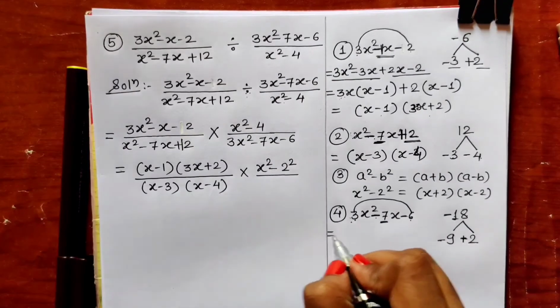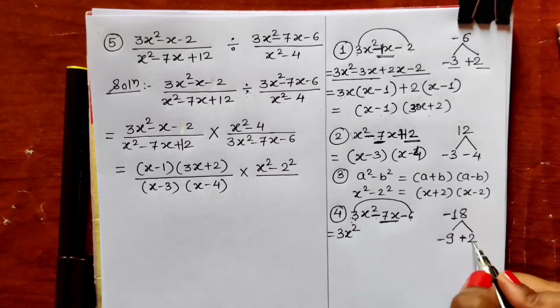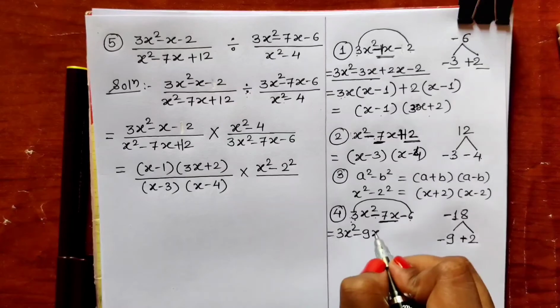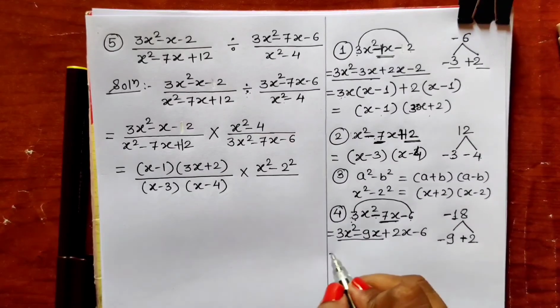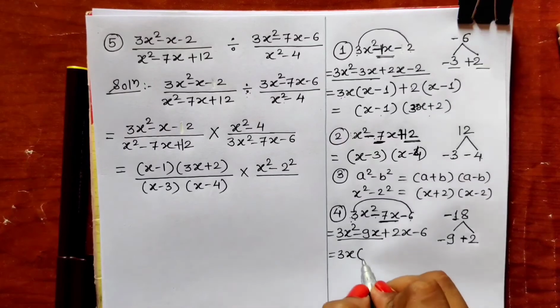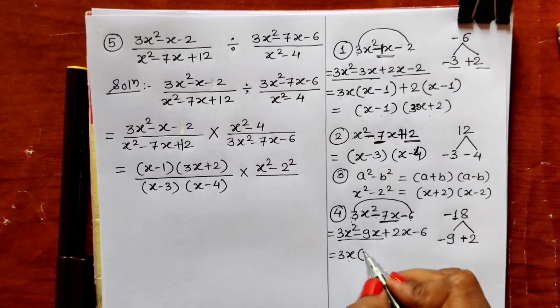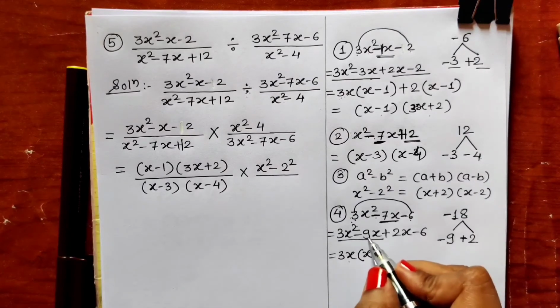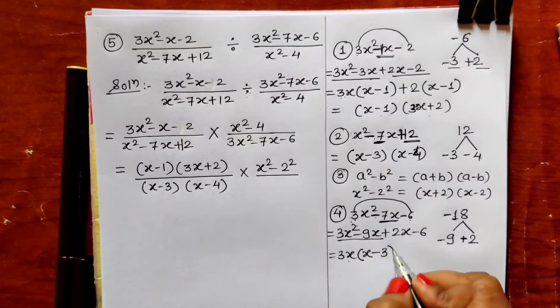Now let us solve this. 3x square, 7x can be split into two terms, minus 9x plus 2x, minus 6 as it is. From these two terms 3x can be taken out common. From 3x square, 3 and x are taken out common. What is remaining? X remaining. From 9x, 3x can be taken out common, x cancels, 3 3s are 9. Correct.